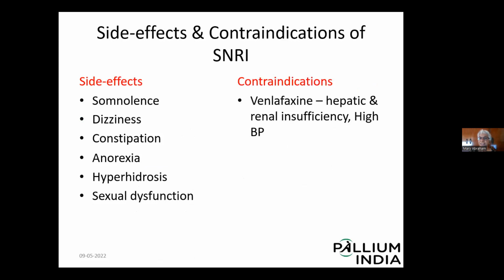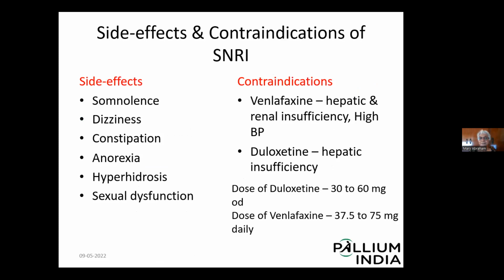And the contraindications are venlafaxine should be avoided in patients with hepatic and renal dysfunction and those with high blood pressure. And duloxetine should be avoided in patients with hepatic insufficiency. The dose of duloxetine is 30 mg to start with, and you can go up to 60 mg OD. Venlafaxine is 37.5 mg, slowly increased to 75 mg.